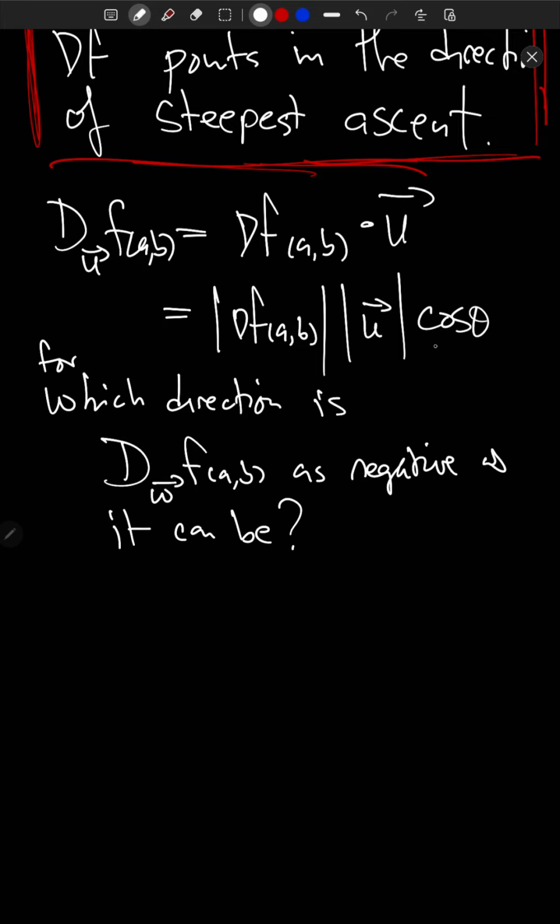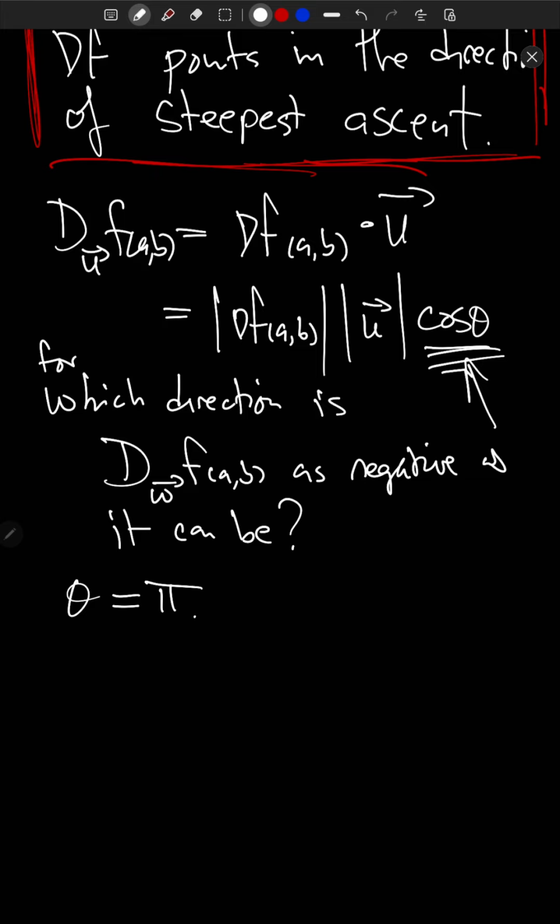Okay, and again, we look at cosine. Cosine lives between minus 1 and 1. Cosine is as negative as it can be when cosine is equal to minus 1, right? When is cosine theta equal to minus 1? It's going to be 180 degrees, pi radians. So this is going to be theta equals pi.